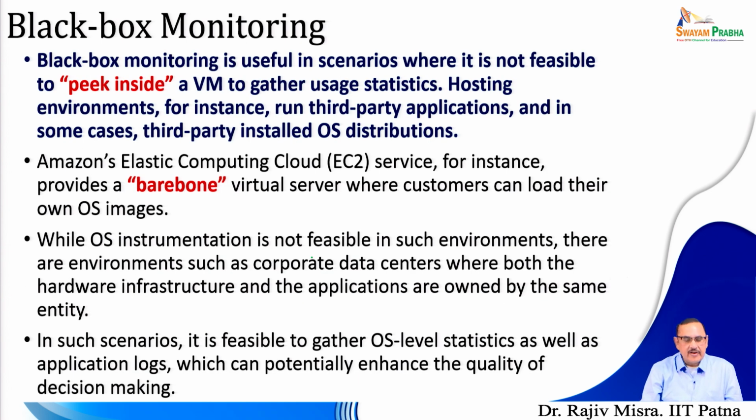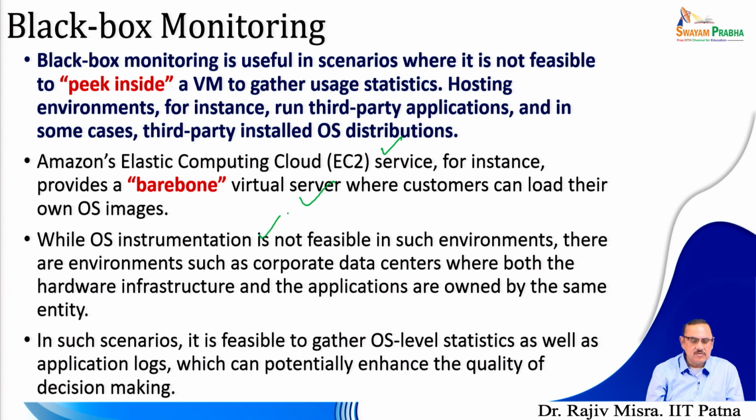Now, black box monitoring is useful in scenarios where it is not feasible to peek inside a virtual machine to gather the statistics. Hosting environments, for instance, run third party applications and in some cases third party installed operating system distributions. Take the example of Amazon's Elastic Compute Cloud, the EC2 service, which provides bare bone virtual servers where the customer can load their operating system images.